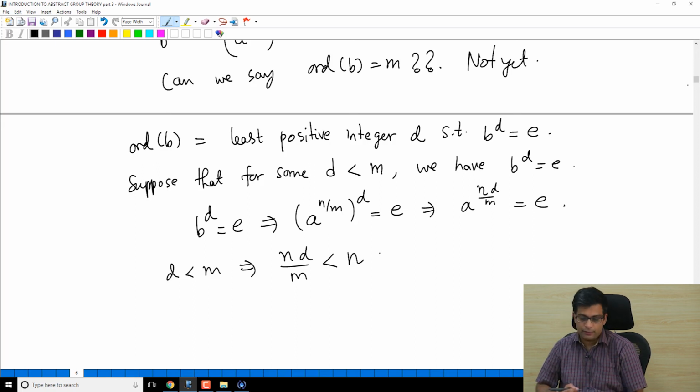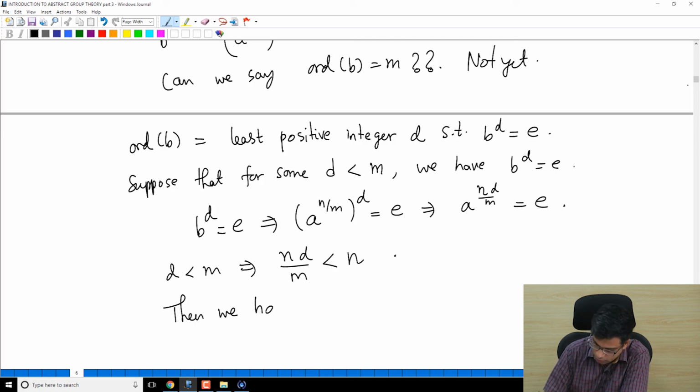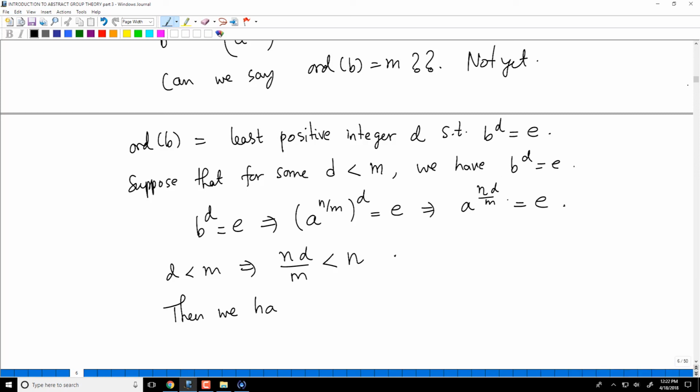Because d by m is less than 1. But this contradicts the order of A. We have a power of A equal to E, but that power is less than n. We have a contradiction.